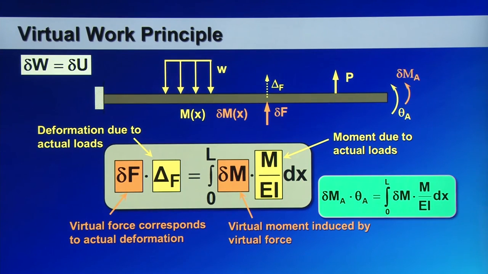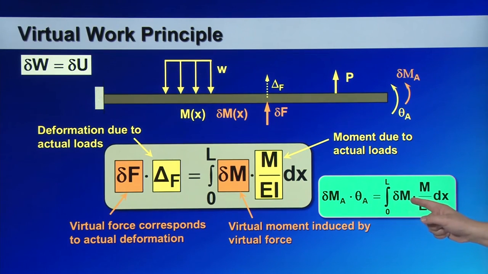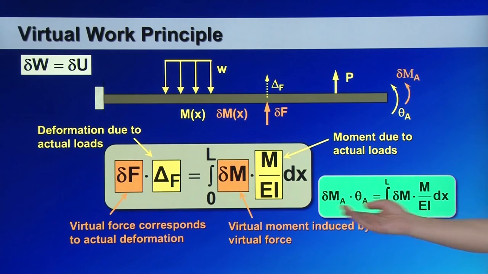As a result, you can use these equations to calculate the rotation angle, theta A. You assume virtual bending moment delta MA, and that assumed moment causes additional virtual internal bending moment, delta M. And again, this M here is the actual bending moment caused by the actual force. So the only unknown in these equations is theta A.